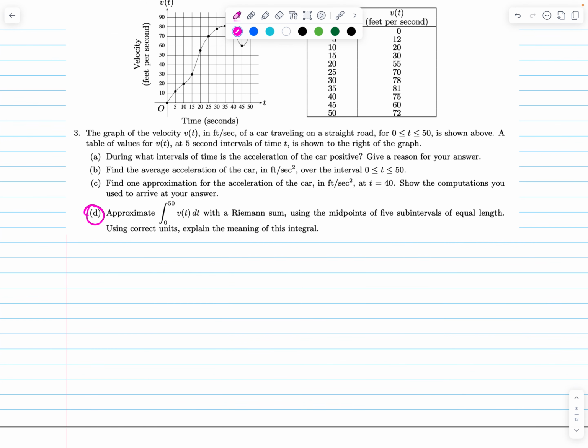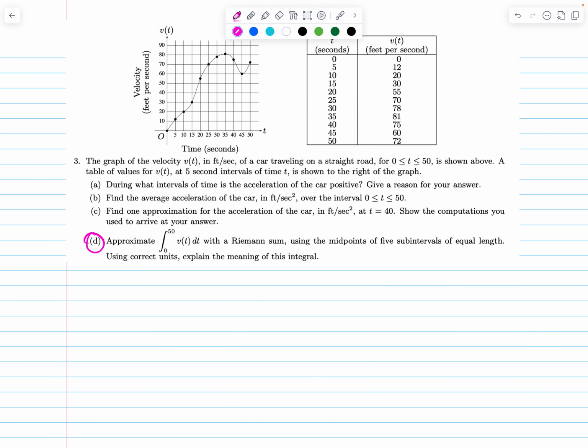All right, part D. Approximate the integral from 0 to 50 with the Riemann sum using the midpoints of 5 subintervals of equal length. Using correct units, explain the meaning of this integral.